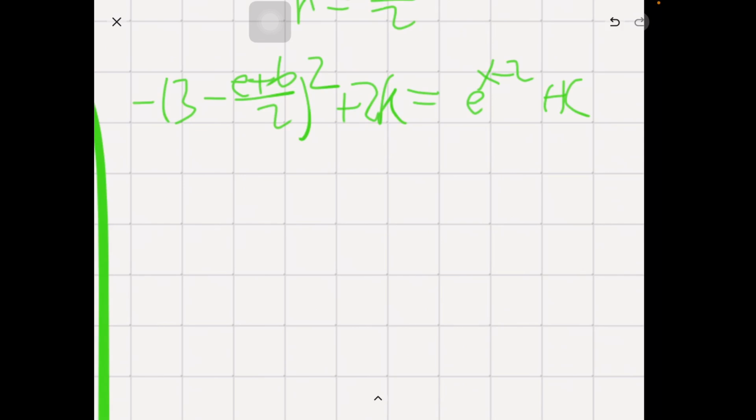For this 3 minus (e plus 6) over 2 squared, I'm going to work with the inside first. So I'm going to put this over one fraction. You'll see why in a second.